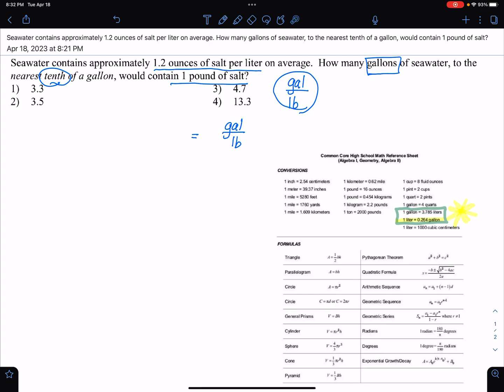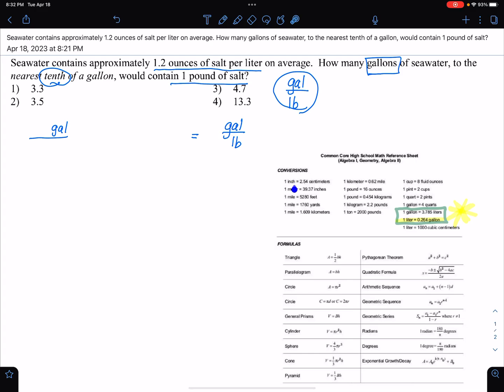Now, if this is my goal, I should always achieve my goal by starting with what I need. So I'm going to start with gallons on top in my first fraction. I need to look somewhere in my problem or in my reference sheet, which is located in the back of the Regents packet, and see if I can find gallons, pounds, and ounces, or liter related somehow.